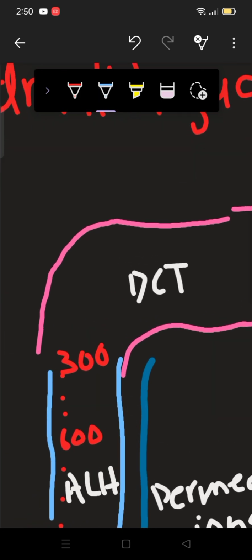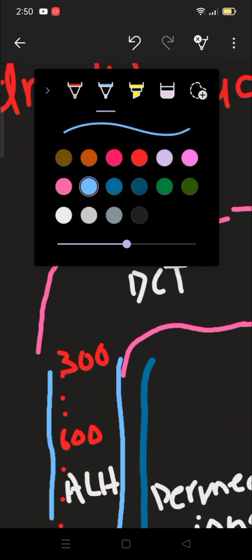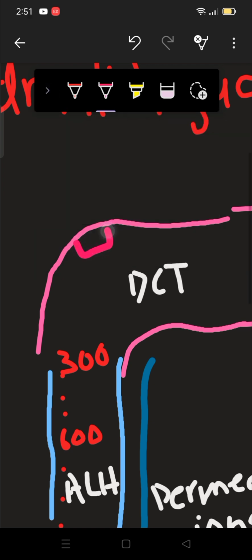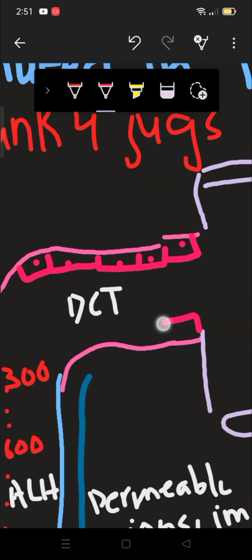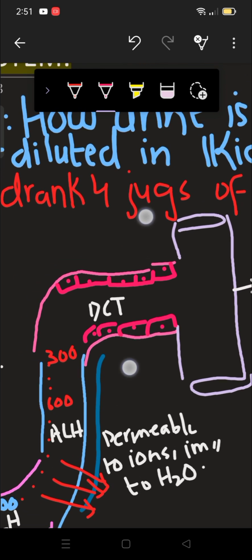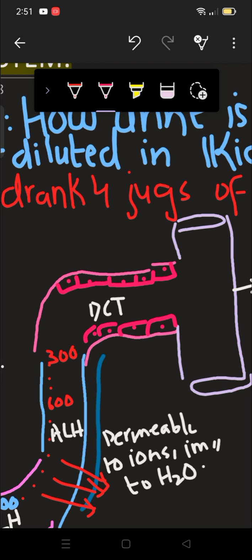Here I am making the DCT cells, which are cuboidal epithelial, but here we have a modified version, which are the macula densa. Now in this case, if you are drinking four jugs of water, the DCT would be impermeable to the water.